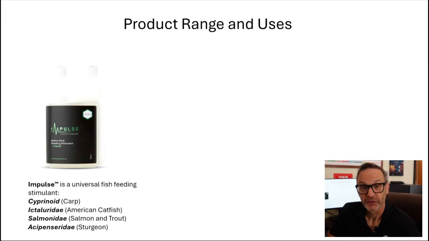Also, believe it or not, works for trout and other salmonoids. And finally, even the most ancient fish apparently have basic amino acid receptors because it actually works really well for sturgeon. Lots of sturgeon charter captains here in Oregon and Northern California actually use it in their business operations, so that's kind of cool. All right, so Impulse works for everything, all right?